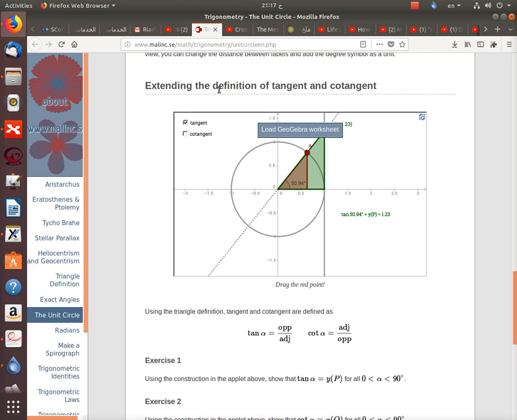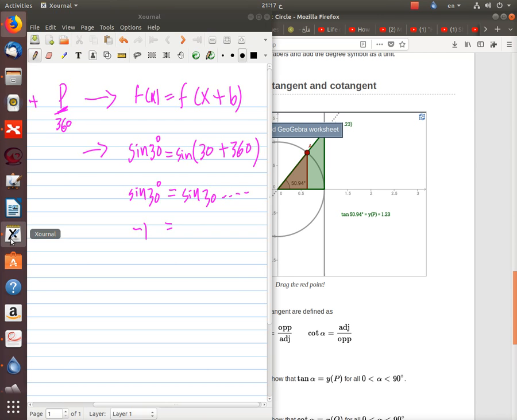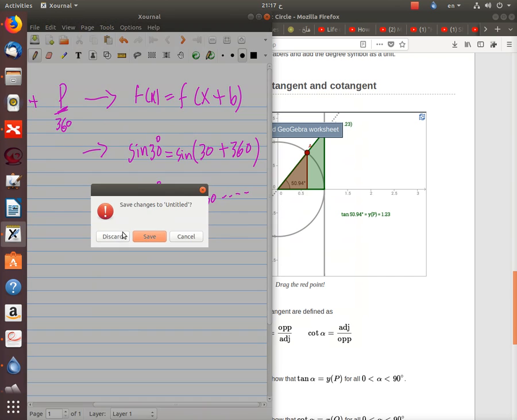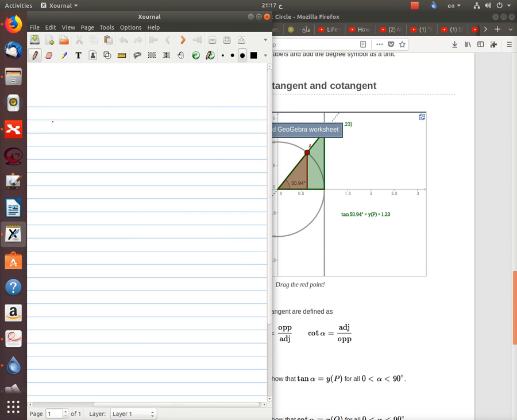Now, extending the definition of tangent and cotangent. Tangent is sine over cosine, or opposite over adjacent. Let me explain this to you. Sine is the opposite over hypotenuse, and cosine is the adjacent over hypotenuse.